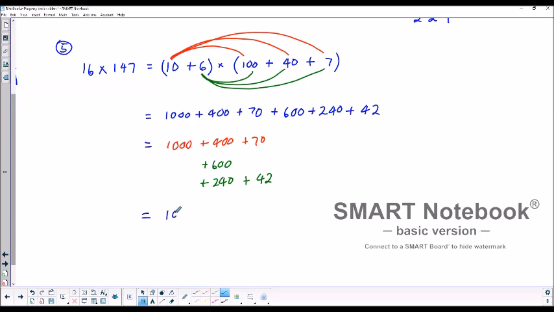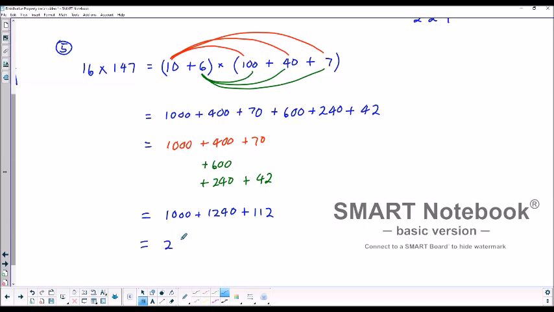So we got the 1,000, then we got 400 plus 600. There's 1,000 plus 240, so that's 1,240, and then plus we've got this 112 here, and then we add it all together. So we get 1,000 plus 1,240, which is 2,240, plus 112.